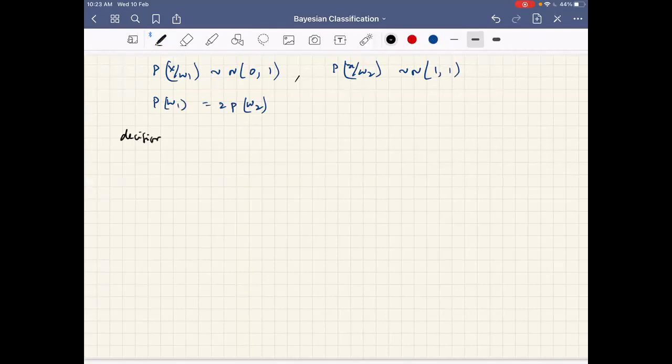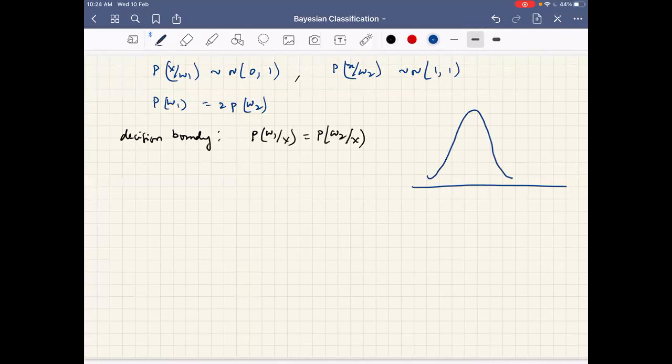First, let us find the decision boundary. How do I find it? P of omega 1 given x is equal to P of omega 2 given x at the decision boundary. Please note, these curves won't help me find the decision boundary here, because these are likelihoods only.